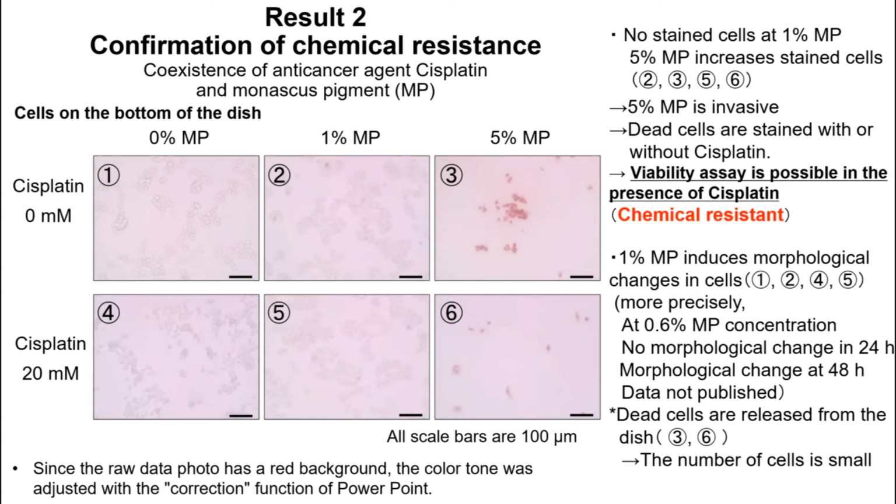Therefore, it was confirmed that monascus pigment was not affected by the presence of cisplatin for 48 hours and stably functions as a reagent of viability assay. High concentration of monascus pigment were toxic to MCF-7, as almost all cells were stained with 5% monascus pigment in the presence or absence of cisplatin.